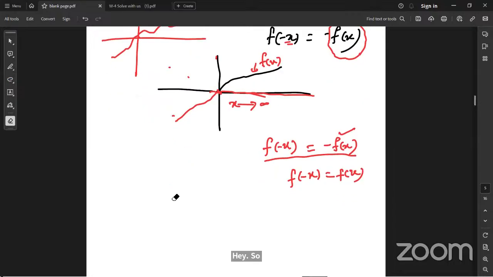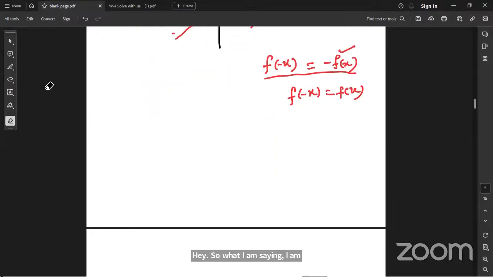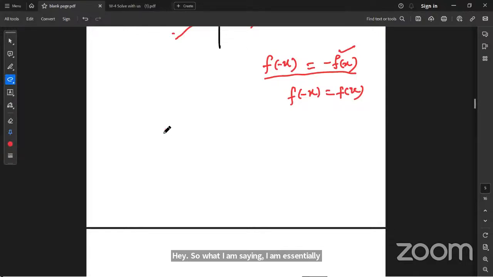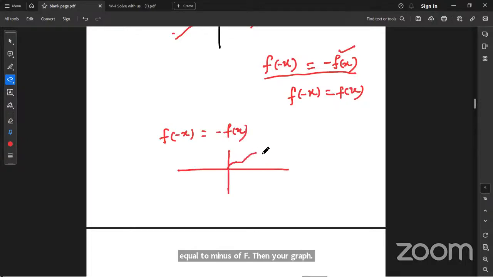In the long story short, if you have f of minus x equal to minus of fx, then whatever your graph is behaving like in the first quadrant, here your graph will be like this.